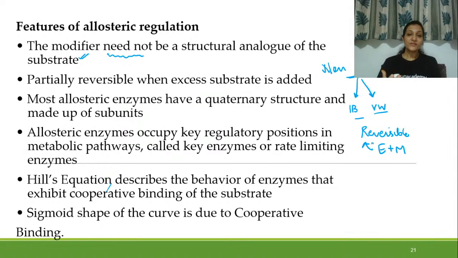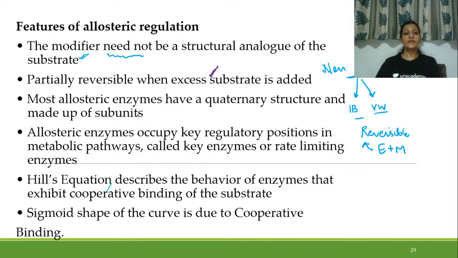How is it reversible? If the substrate is in large amount or the pH or the buffer is changed, it will lead to reversible binding. So when excess substrate is added, the reaction will be reversible.